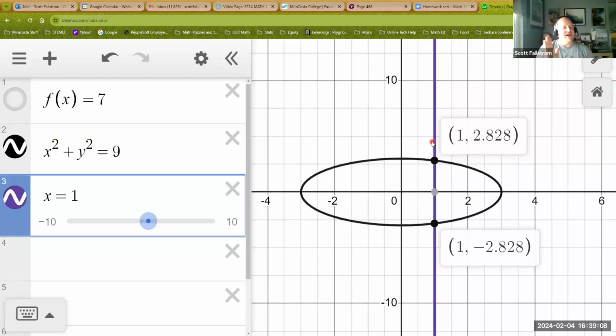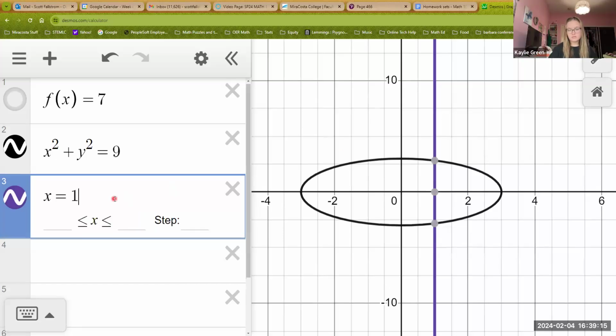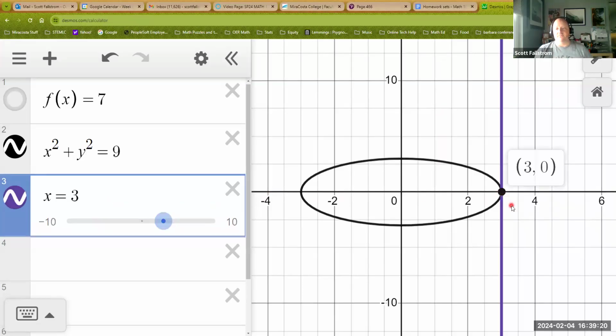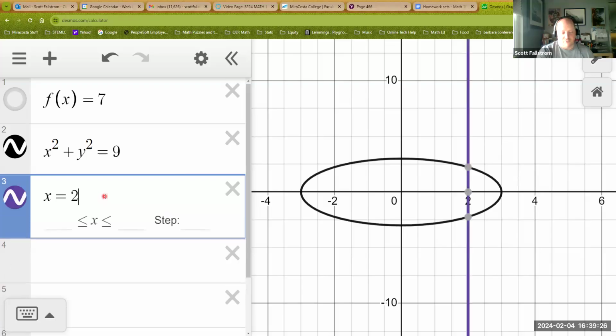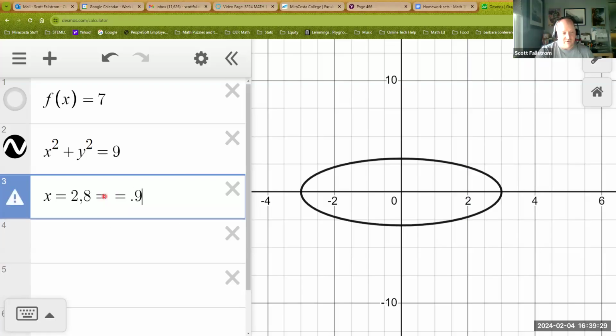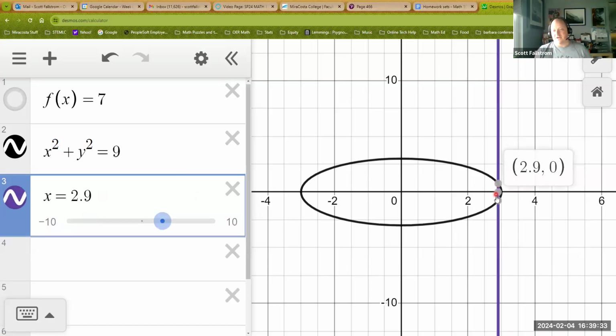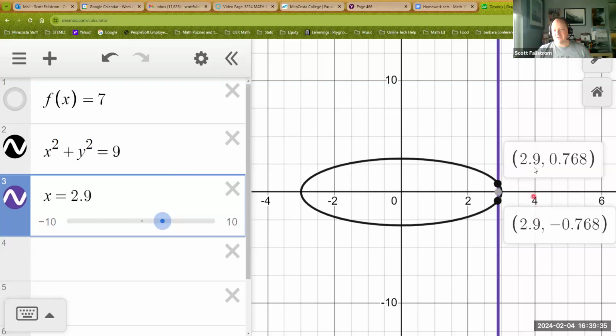And if it ever touches more than once, fail. But over here, if I say just x equals 3, well, it only touches once. That is not an issue. But if I said x equals 2.9, now I can see, actually, that hits twice. Then just that one thing, all it takes is one, and it fails being a function.